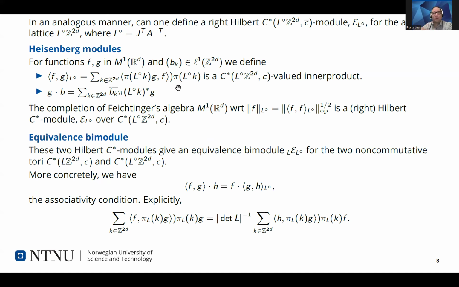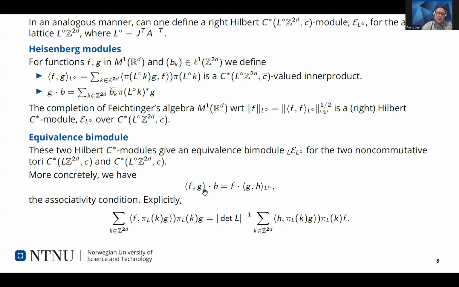And you turn it into a right Hilbert C star module. So you have to modify your inner product accordingly. You interchange this, and then you also do a star here in the conjugation. Then you complete it again, and you get the corresponding right module. And the key thing is that there's an L missing.